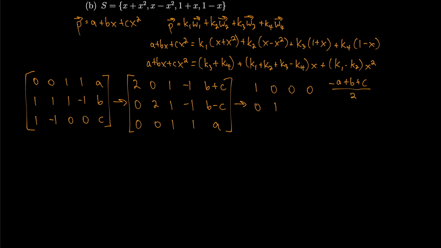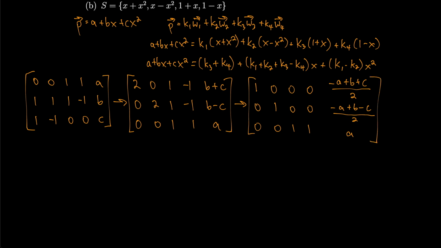I'll get 0, 1, 0, 0, minus a plus b minus c divided by 2. And I'll get 0, 0, 1, 1, a for my last row.